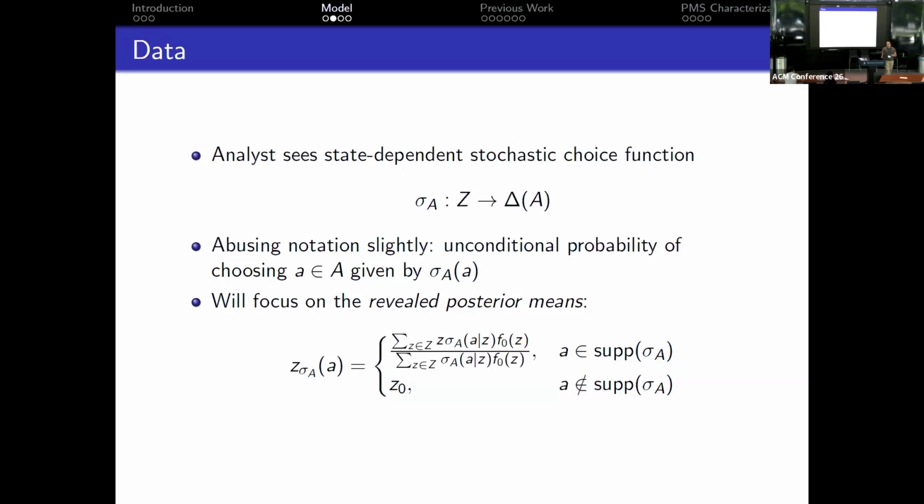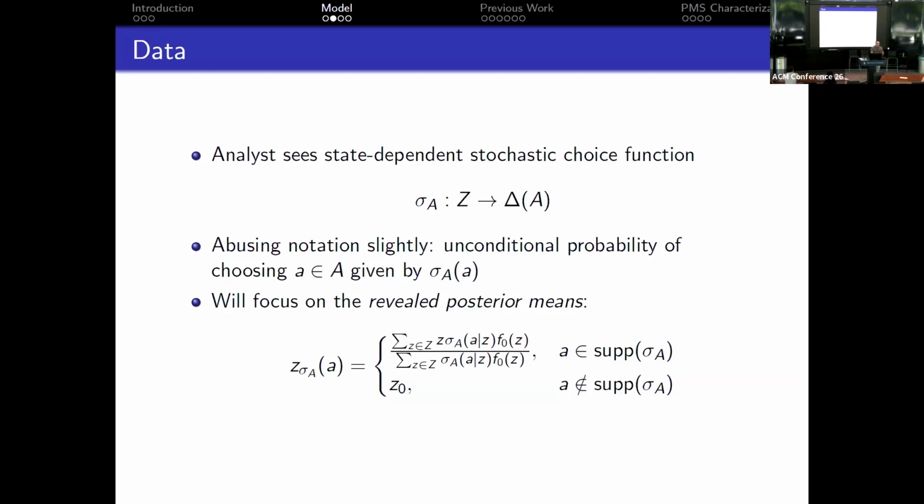So conditional on a particular state, we'll see what's the probability that a particular action is chosen at menu capital A. Using notation, we'll also use the same sigma A for the unconditional probability of action little a being chosen, just dropping the conditional part.